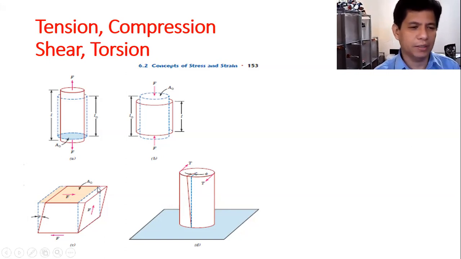Di ba sinasabi sa atin sa strength of material, pag shear stress yung parang mapupunit yung material? Mapupunit siya. And then, torsional, I don't remember this in strength of material, probably in the latter chapter na hindi na namin naabot. The description dito ni Callister is the torsional stress. As you can see, the force is acting on the edge of the material.